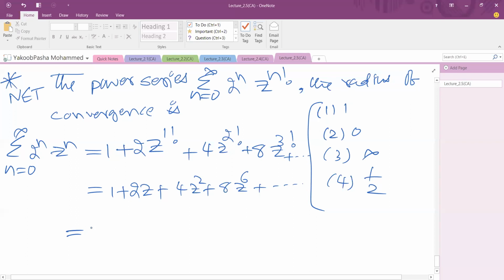So this can be written as 1 into, or we can write 2 power 0 into z power 0 factorial. 0 factorial is 1. No problem. 1 plus 2 into 2 power 1 into z power 1 factorial plus this is 2 square z power 2 factorial plus 2 cube.